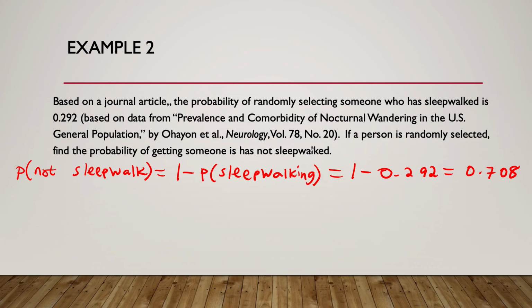If a person is randomly selected, find the probability of getting someone that has not sleepwalked. Well, the probability of not sleepwalking is 1 minus the probability of sleepwalking. And we were given that as 0.292. So 1 minus 0.292 makes 0.708.